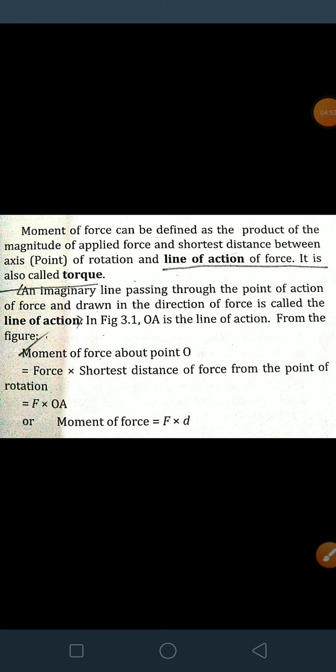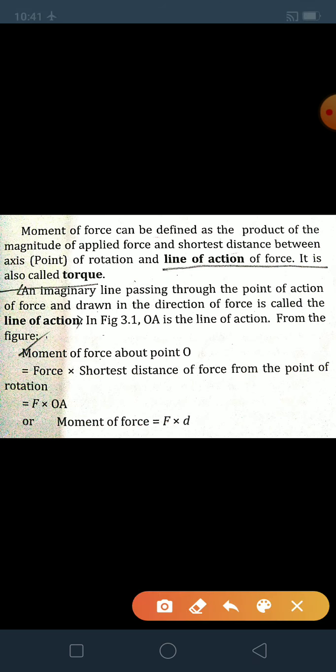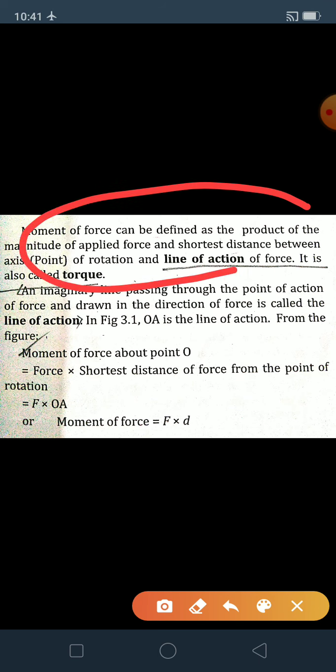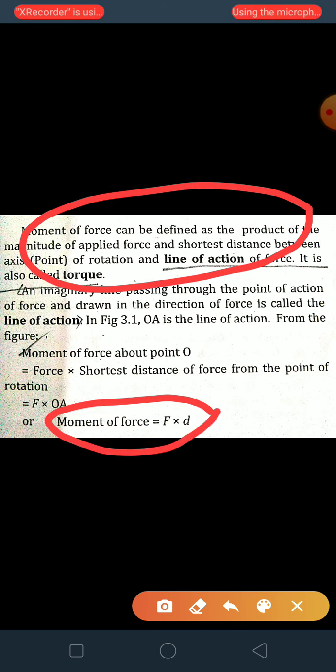So M is equal to F into D. F is the force and D is the shortest distance of force from the point of rotation. Okay children, I hope all of you have understood about the moment of force and its formula. This part is the definition and this is our formula.